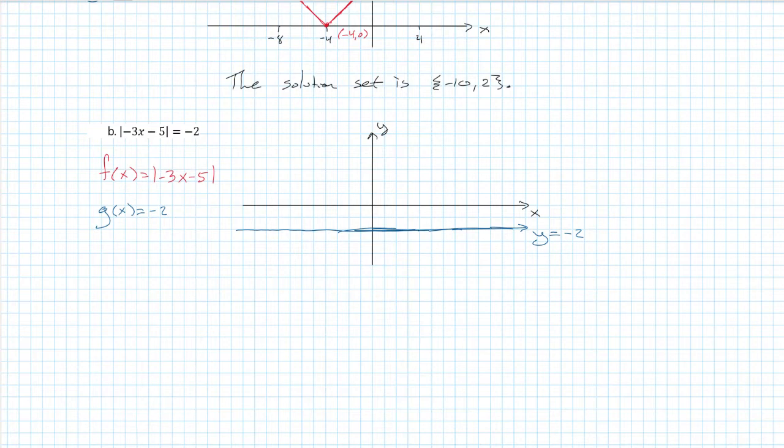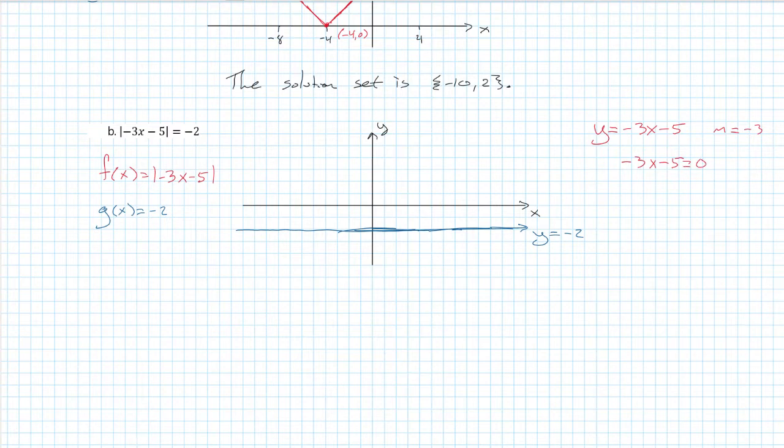And I'll say y equals -3x minus 5. And let's set this to 0. Well, from this I can see that the slope is -3, or +3 if we're going the other direction. -3x minus 5 equals 0.